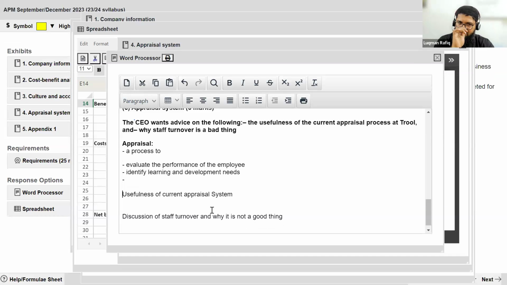So what is it going to be? The appraisal is a process to evaluate the performance of the employee and identify the learning and development needs. These appraisals act as a tool for motivating the employees and to encourage them.